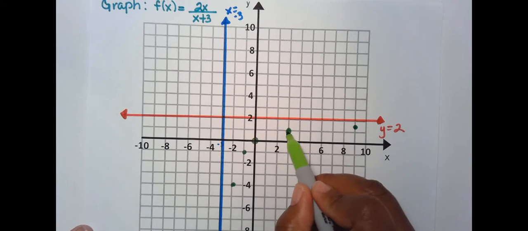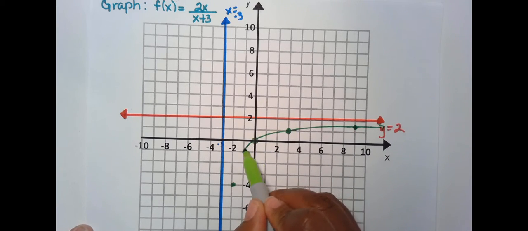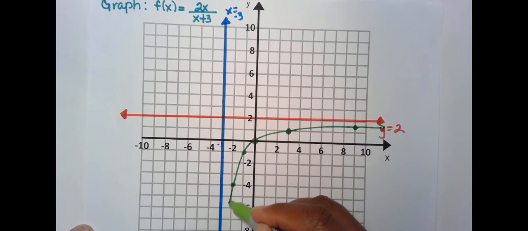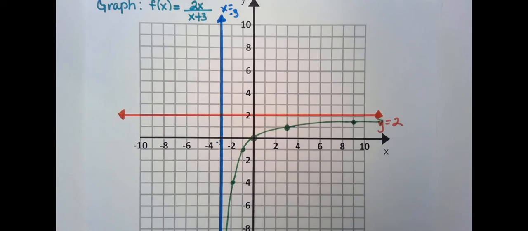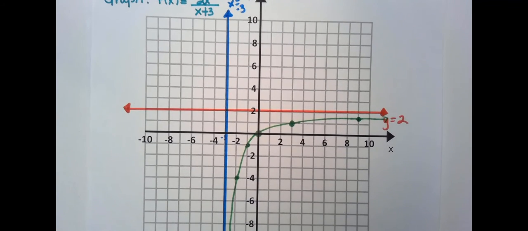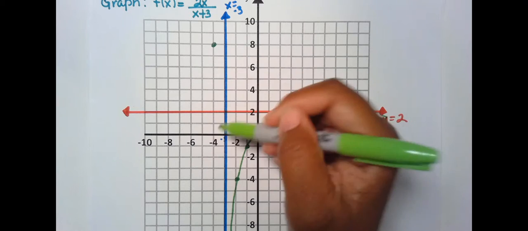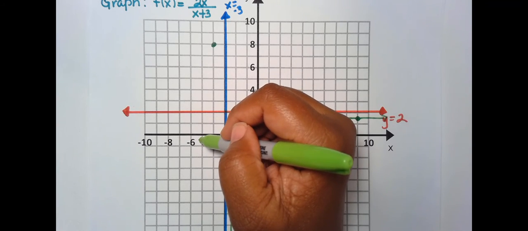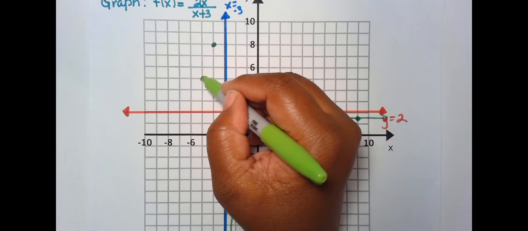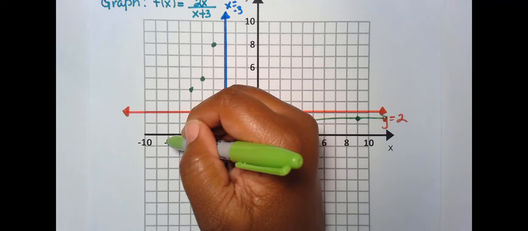As you can see, the graph gets closer and closer to the horizontal and vertical asymptotes, but it will not touch the asymptotes. And let's find some other points here. We have (-4, 8), (-5, 5), (-6, 4), (-9, 3).